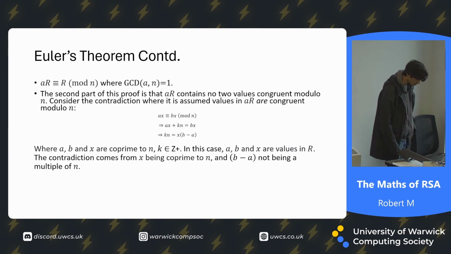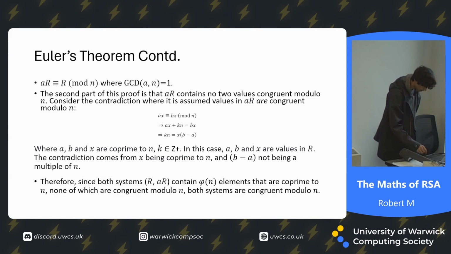In this case, a, b, and x are co-prime to n, and you can consider a and b as being values in R. The first line is just the assumption, basically, and the contradiction is in the last line, because x is co-prime to n and b minus a is not a multiple of n. So that's pretty much impossible. Here k is obviously an integer. It doesn't have to be positive technically, but in this case it is.